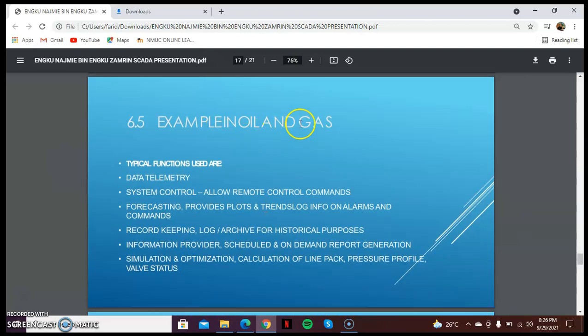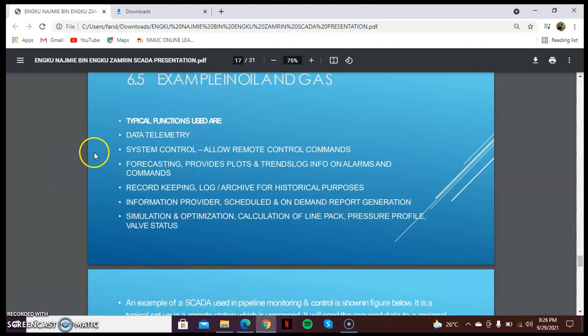So this is another example in oil and gas. Typical functions are: firstly data telemetry, secondly system control that allows remote control commands, forecasting, providing plot and translog information on alarms and commands, record keeping, log archive for historical purposes, information provider, scheduled and on-demand report generation, simulation and optimization, calculation of line pack, pressure profile, and valve status.